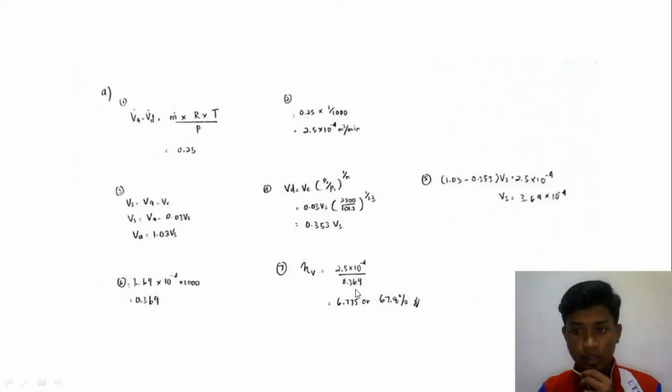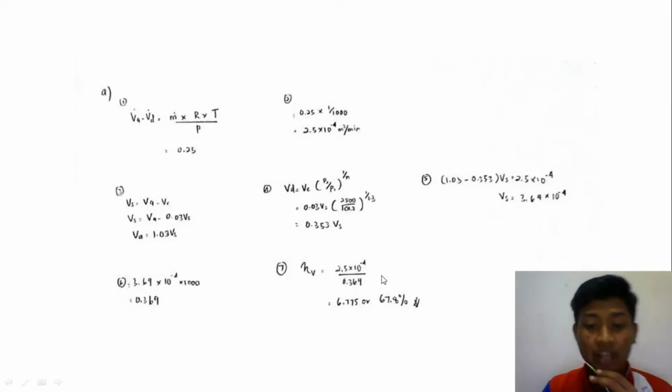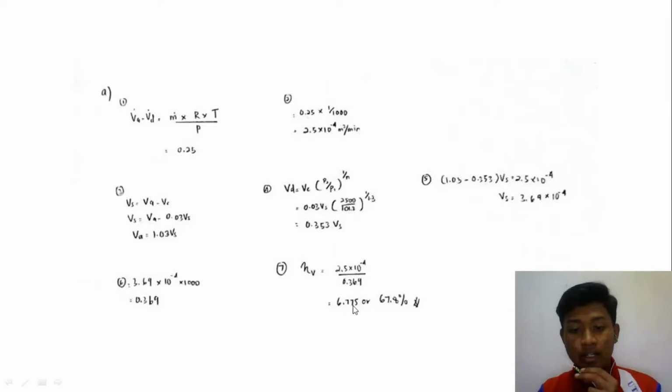This value of VS needs to be multiplied by 1000, which is the RPM, and from there we can get 0.369. The last step to find the volumetric efficiency is we apply V actual over VS value. So we can get the volumetric efficiency as 67.8%.